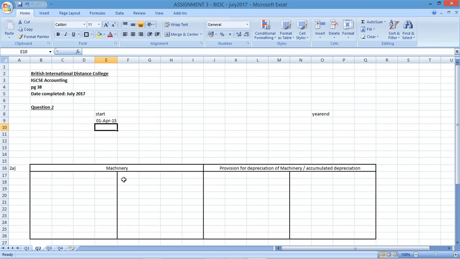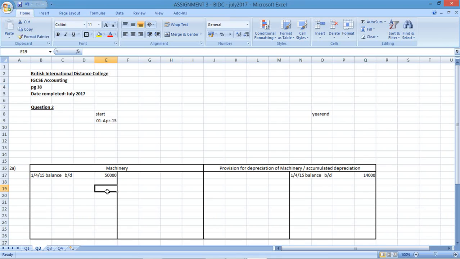We can record them in our T account so we can get the mark for it. So we've got 1st April 2015, balance brought down, and for the provision for depreciation we also have a balance. We've got 14,000 on this side and 50,000 on that side, given in the question.